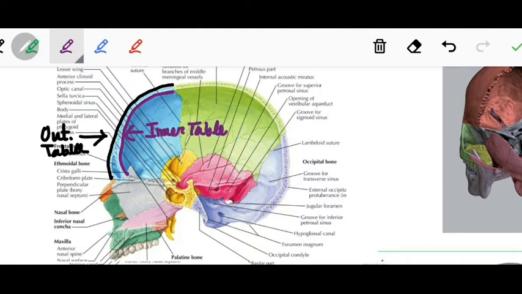In between the two tables of bone lies the frontal sinus.